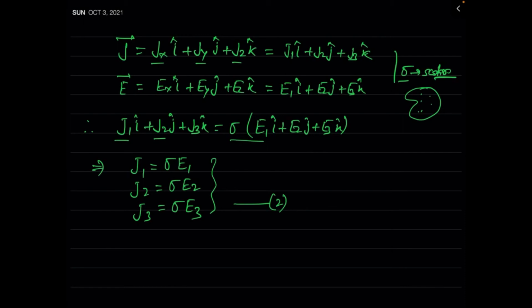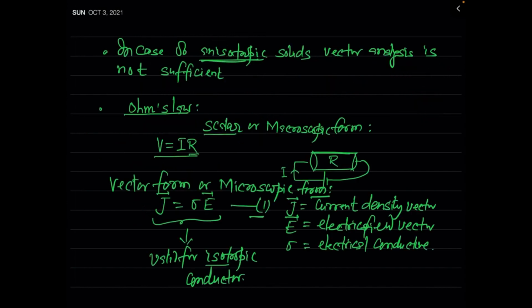Now from this scalar form of the equation, you can mark one thing here. If I ask you that this quantity J1, which is the x component of the current density vector J, depends on what?